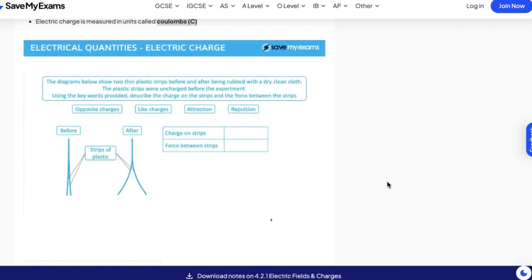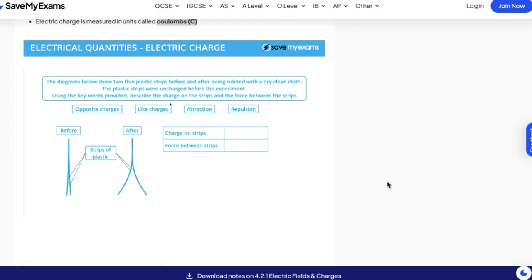Let's read through the question together to get a better understanding of what is expected of us here. The diagram below shows two thin plastic strips before and after being rubbed with a dry, clean cloth. The plastic strips were uncharged before the experiment. Using the keywords provided, describe the charge on the strips and the force between the strips.